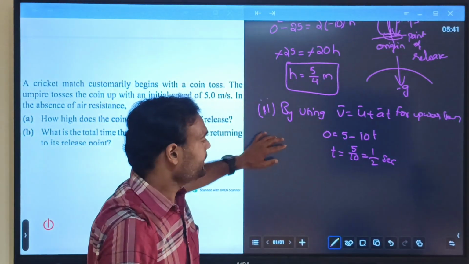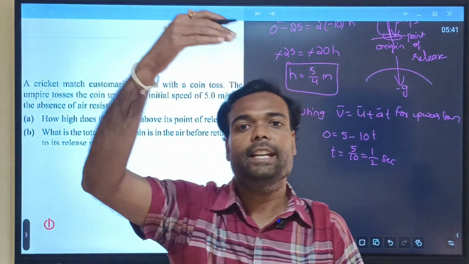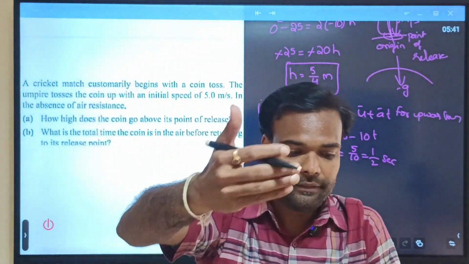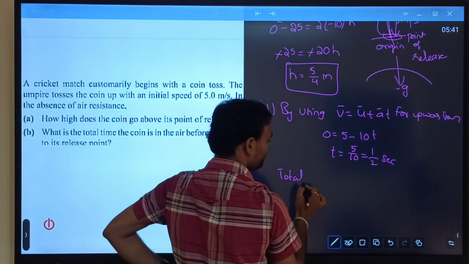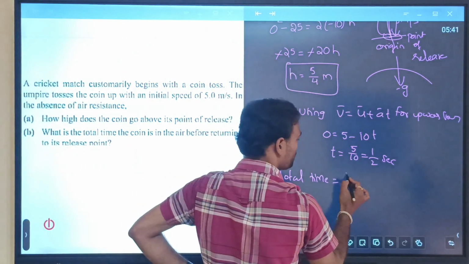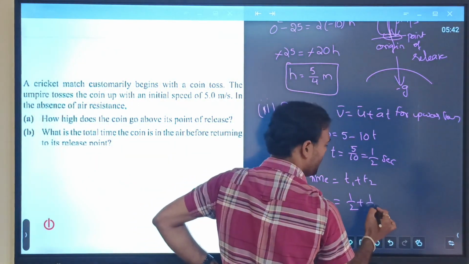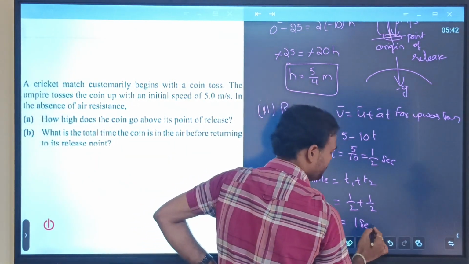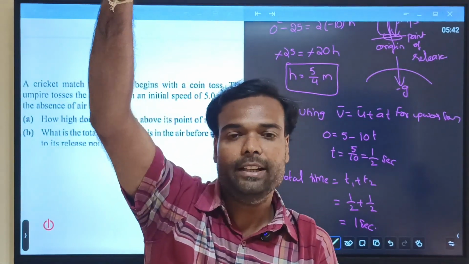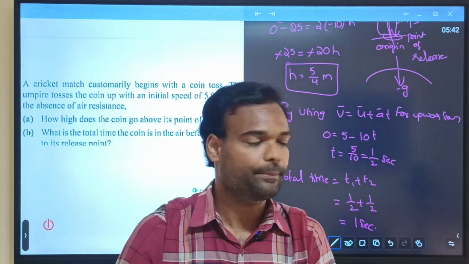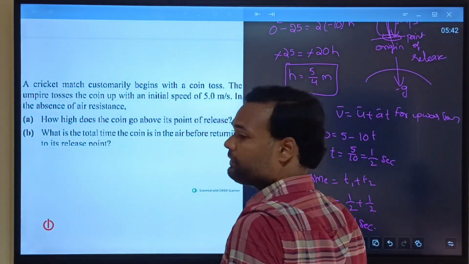Now see very clearly, in the absence of air resistance, if the upward journey takes half a second, similarly the return journey also takes half a second. So total time is t1 plus t2, that is half plus half, which is equal to 1 second. In 1 second the object reaches from the bottom to the topmost point and again comes to the original location. So 1 second is the answer for the second question.